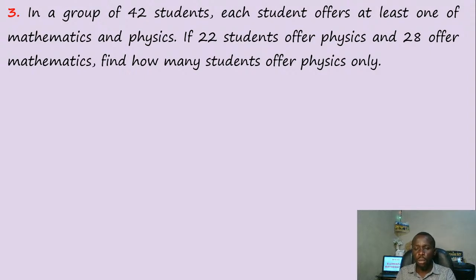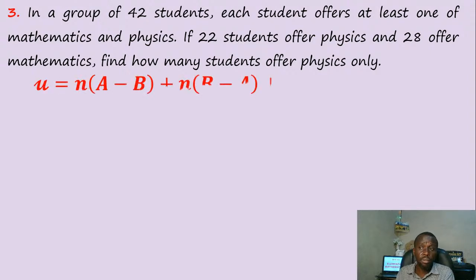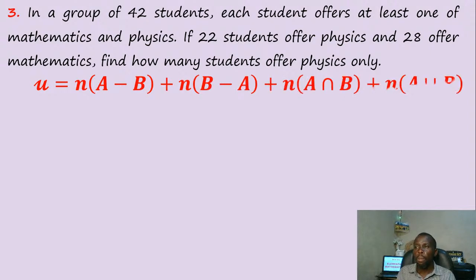But before that, remember the general formula? Remember that in this question, we are not told that there's a particular student that does not offer physics, neither physics nor mathematics. It shows that physics or mathematics is compulsory, that the student must offer at least one, or you can offer two, but you should not be like you don't offer any.